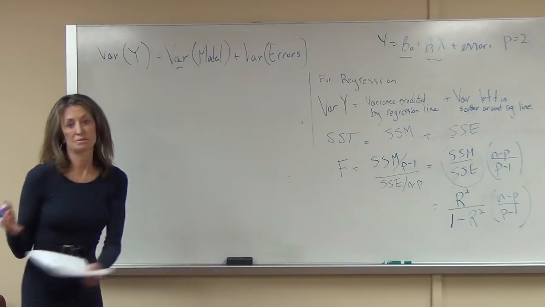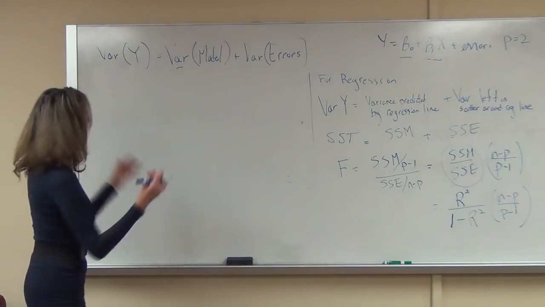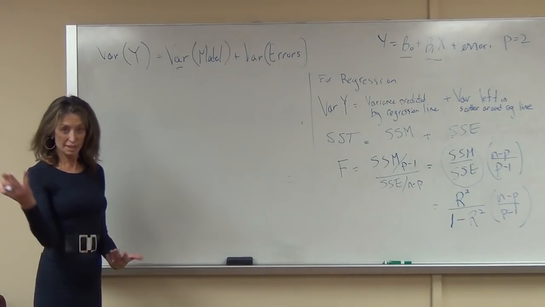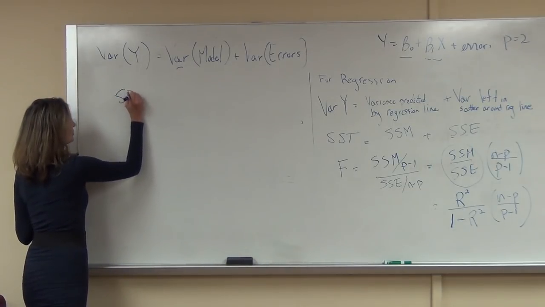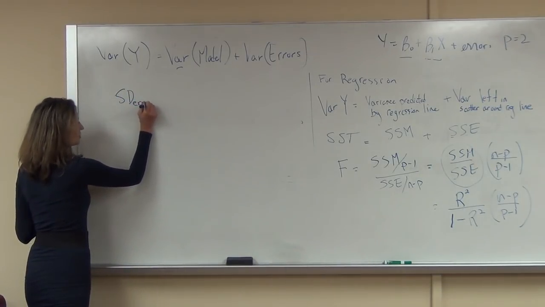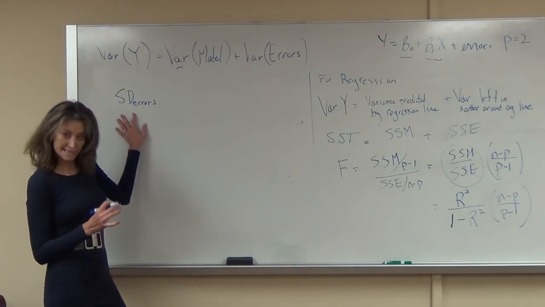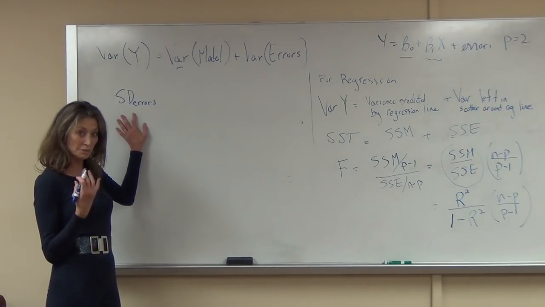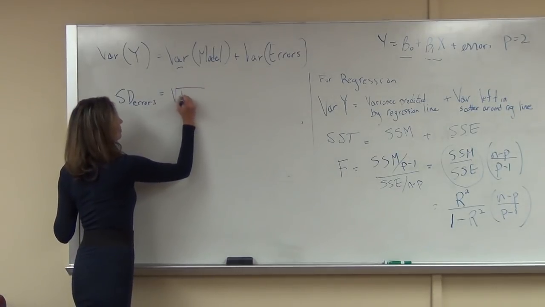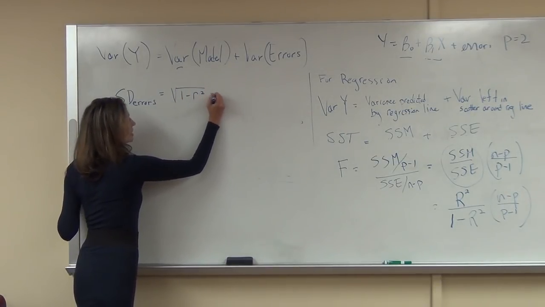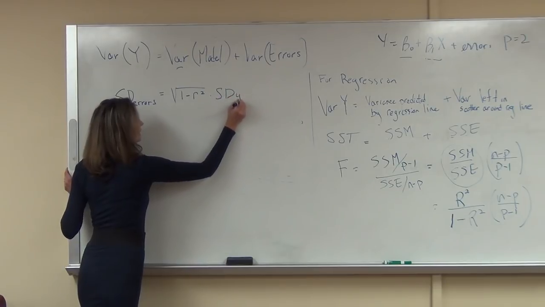But you might not remember it so well, so here's what you probably do remember: the standard deviation of the errors, which is a measure of the scatter around the regression line, is equal to the square root of 1 minus R squared times the standard deviation of the y's.